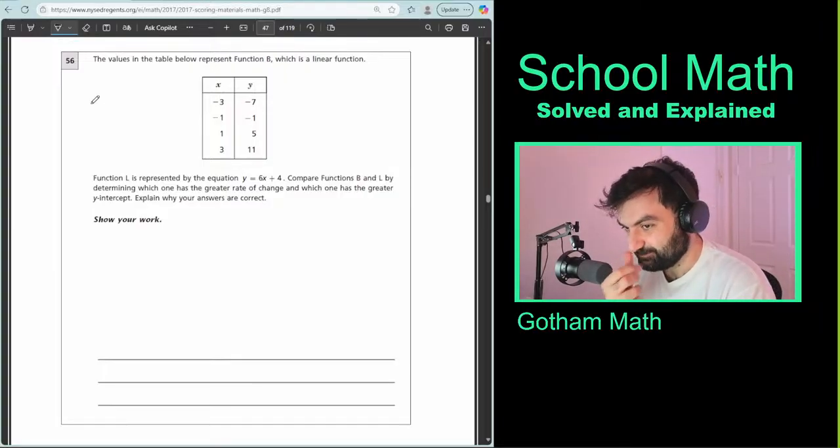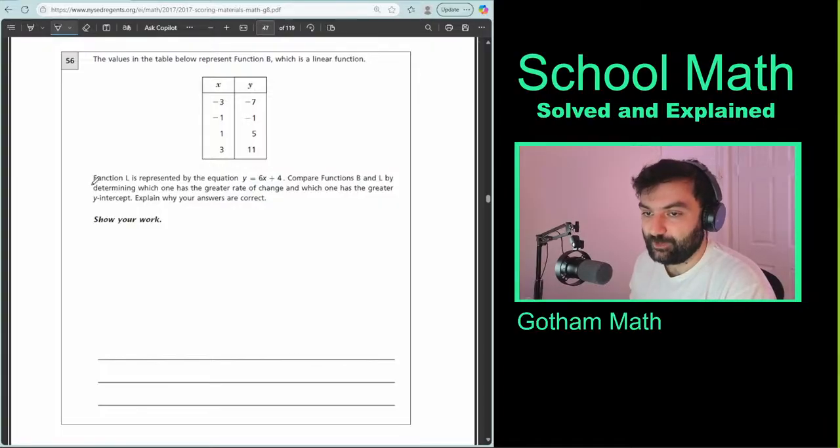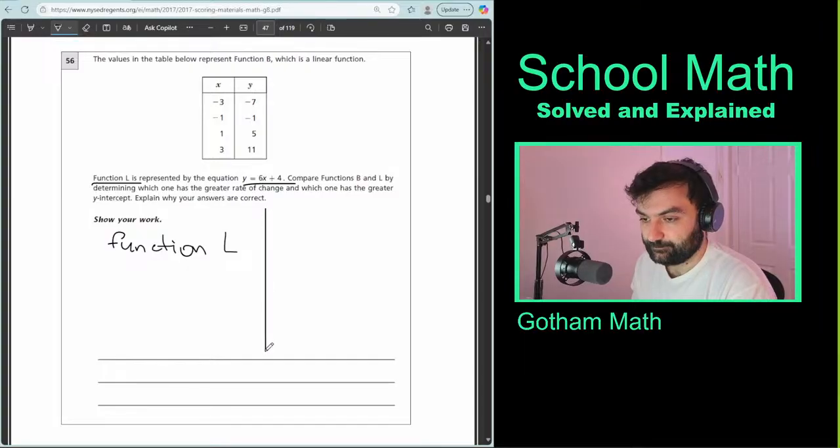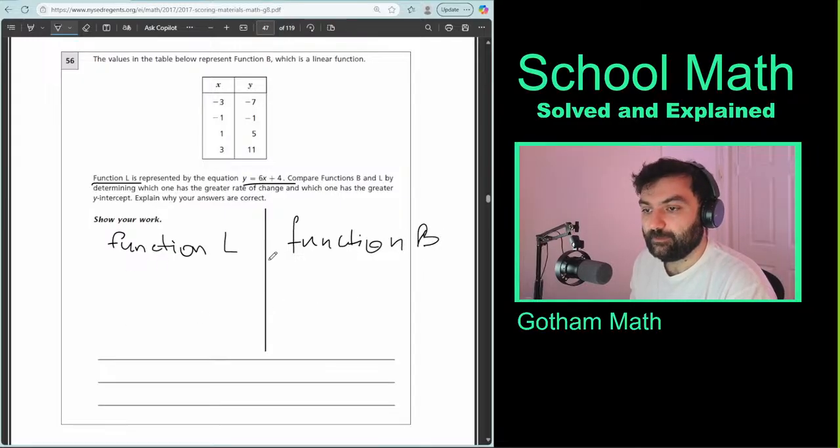So, Becca, let's split it. Function L, then function B.